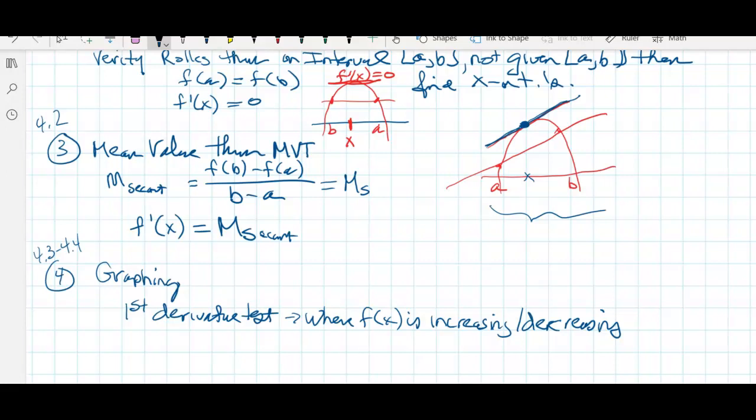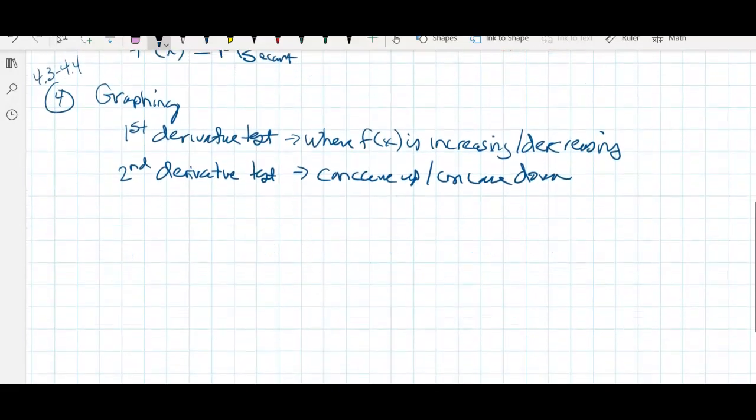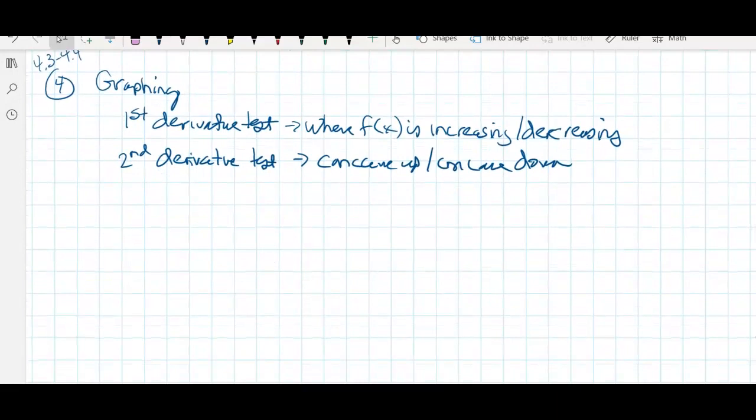So there are a lot of things you can find out there. And what did your second derivative test tell you? Concave up, concave down. And this is where we put all this together in that chart, and it really gave us a clear picture of what our graph would end up looking like.